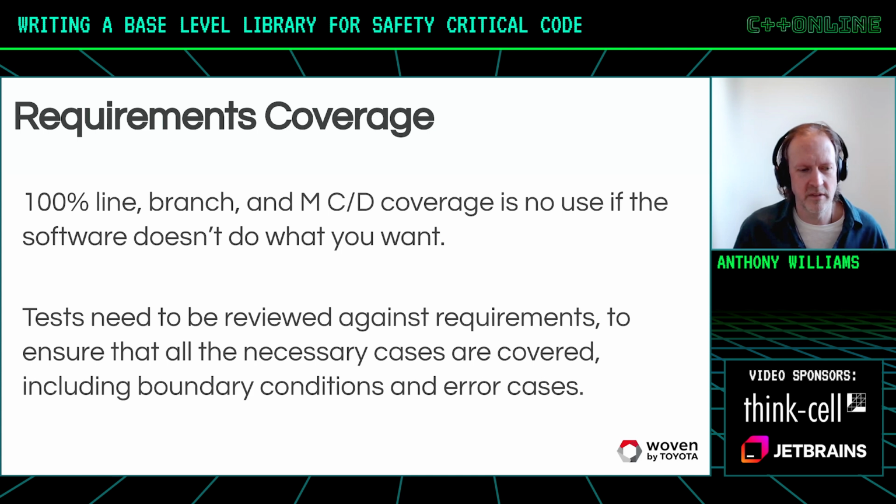So you specify in the source code some identifier that links back to the requirements, and then the tool will tell you that you do indeed have that association, but you still have to actually do the review yourself. There's nothing you can do that will automate that review. Does this test do what this requirement says? That will always have to be a manual process. But actually checking that there is intended to be a link is something that can be automated, and so we have custom scripts that are doing that.